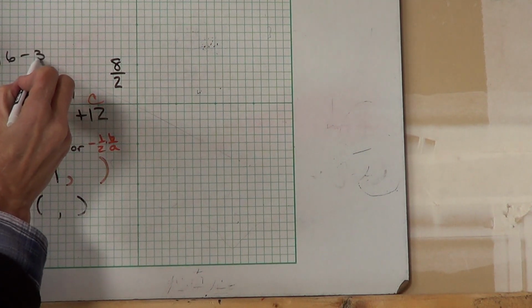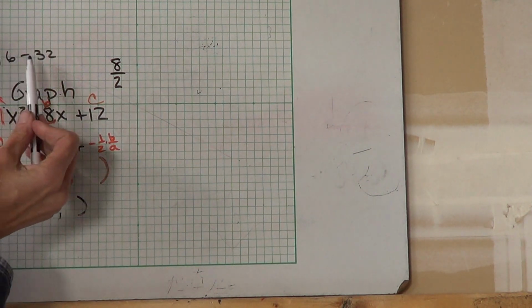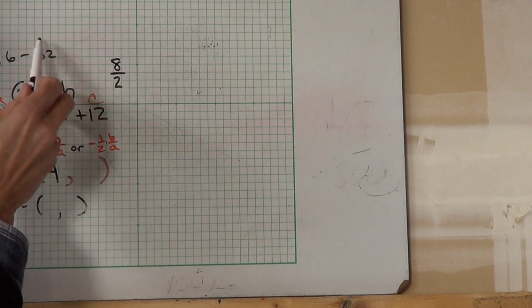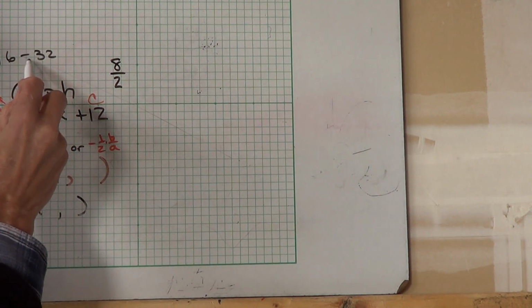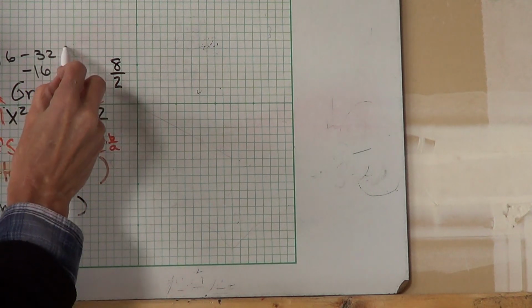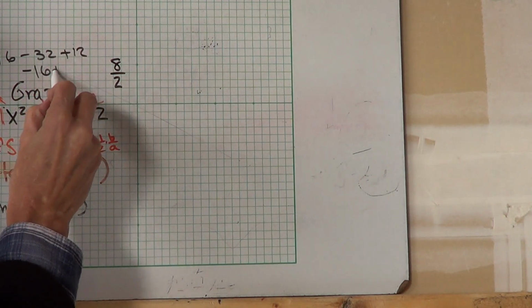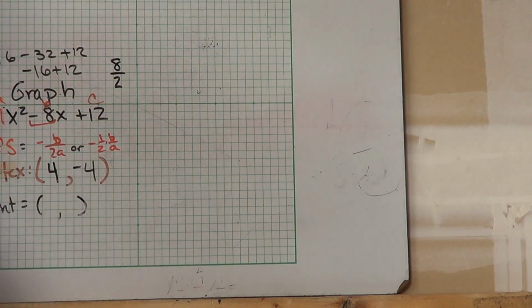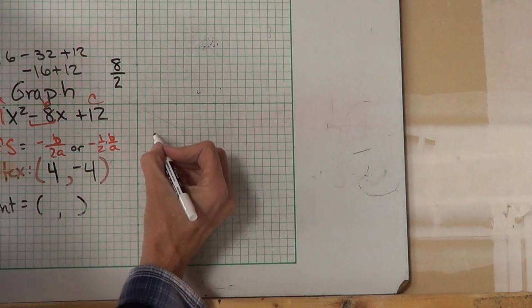And a funny little thing that always happens, these always end up with this one half the size of that one and opposite signs. So when I look at the first two, I always just go with this sign and that number. Plus 12. Negative 16 plus 12 is negative 4. So that's my vertex. 4, negative 4.